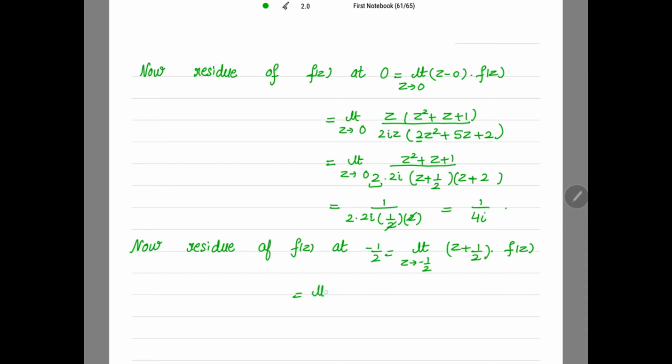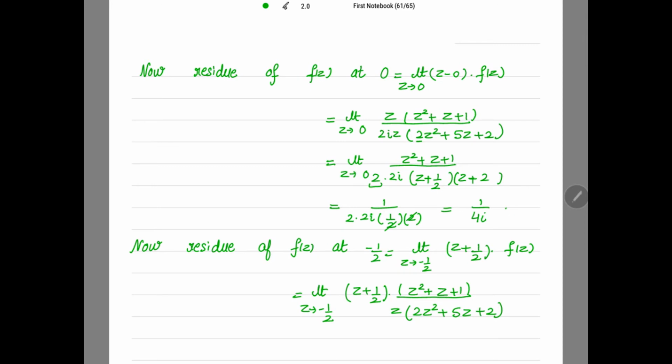So this is equal to limit z tends to minus 1 by 2, z plus 1 by 2, and your f(z) is z square plus z plus 1 over z times 2z square plus 5z plus 2.